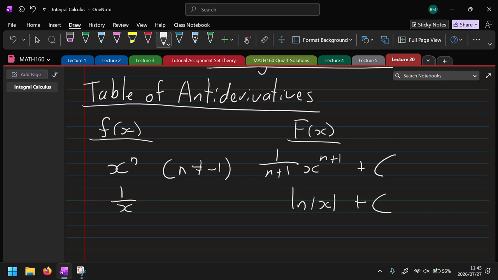Now, see, this is where it starts getting confusing between the two tables. So on the one table for the derivatives, it was the derivative of the natural log is 1 over x. For this table, the antiderivative of 1 over x is the natural log. Later on, we're going to put the natural log on this side. And now we start getting mixed up with the two tables.